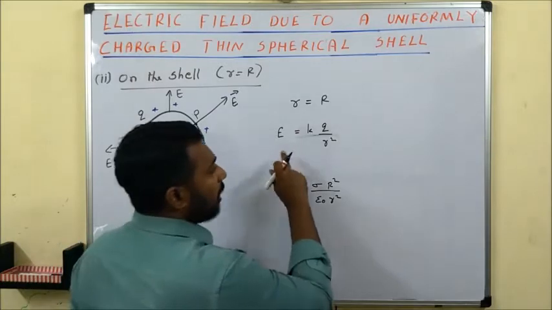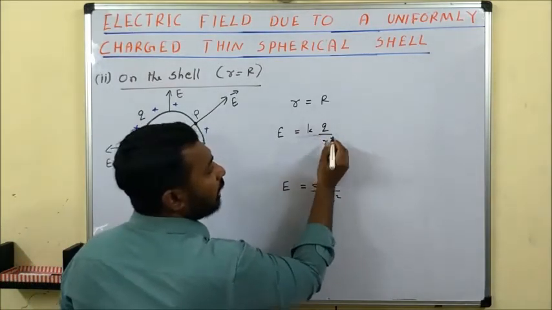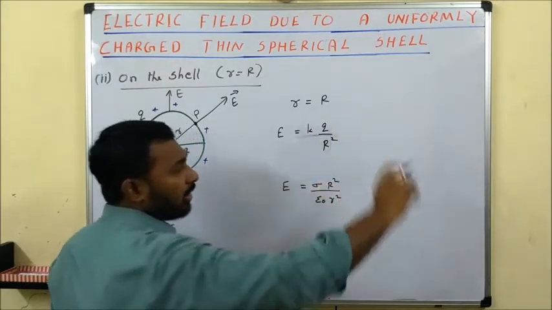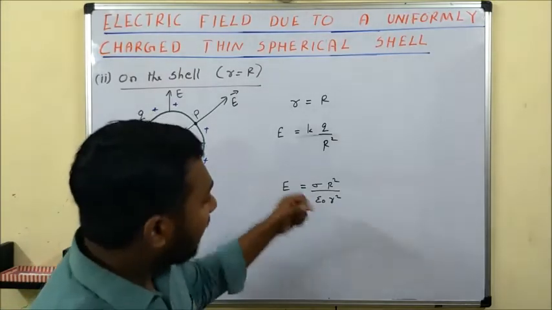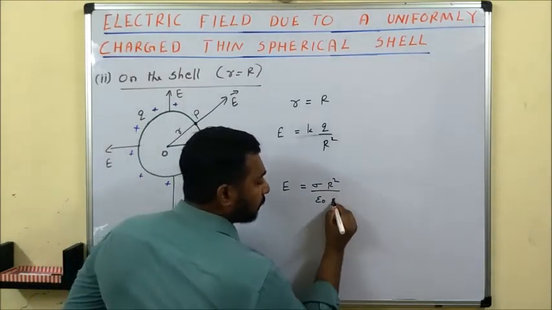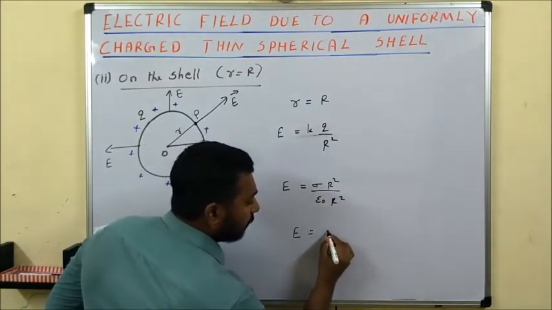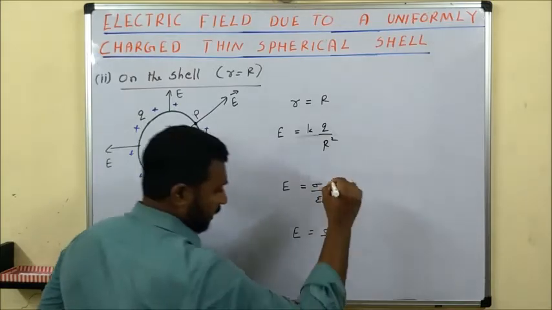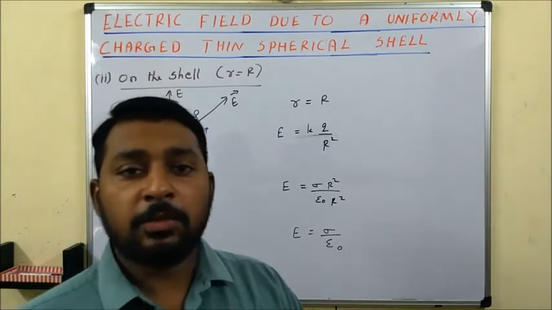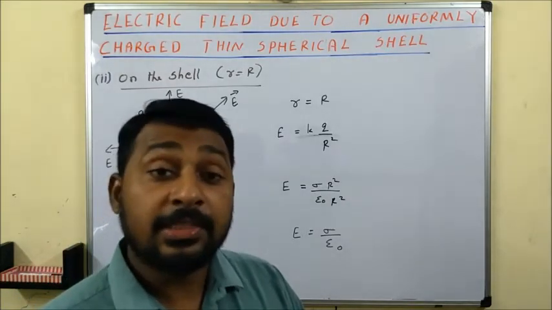So the electric field at a point P on the shell becomes KQ divided by capital R square. In the same way, in the second equation, the denominator small r square becomes capital R square, and these two cancel, and then E is equal to sigma by epsilon naught. So these two equations give you the net electric field on the surface of the shell.